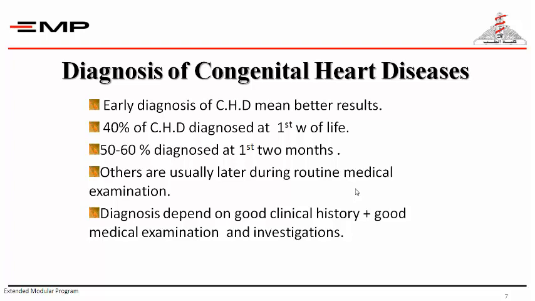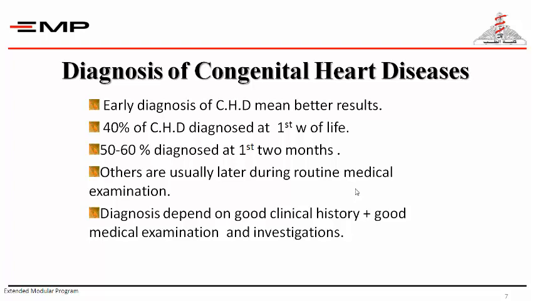To go to the diagnosis of congenital heart disease, we should know that early diagnosis means better results. We need to intervene, either by surgery or by whatever intervention, as early as possible.